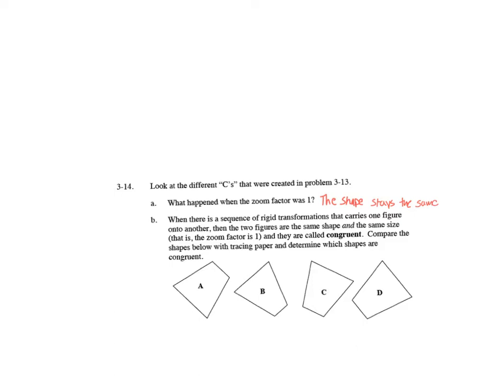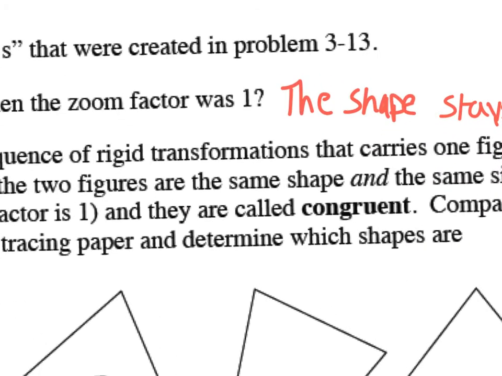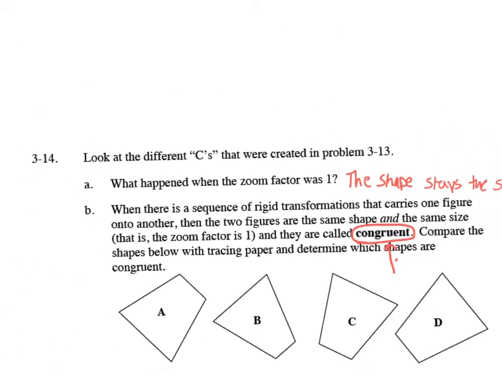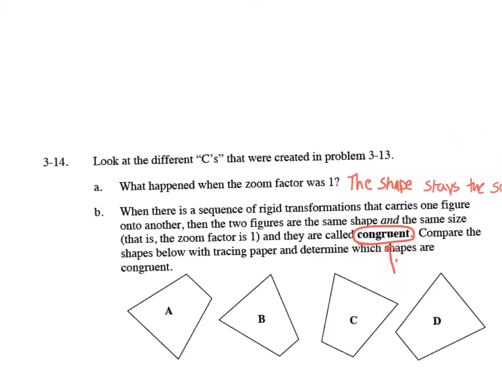So when two figures are related by a zoom factor of 1, that means they have the same shape and the same size. We don't call those shapes similar. We actually refer to them as being congruent to one another. So this would be another word that you would want to throw down in your notebook: congruent. Congruent means same shape and exact same size.